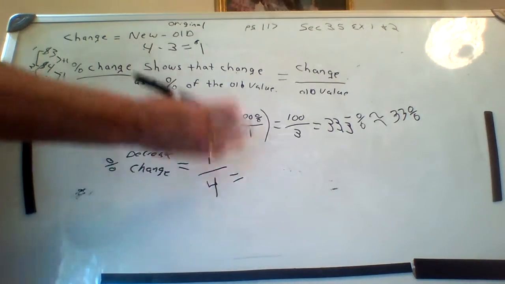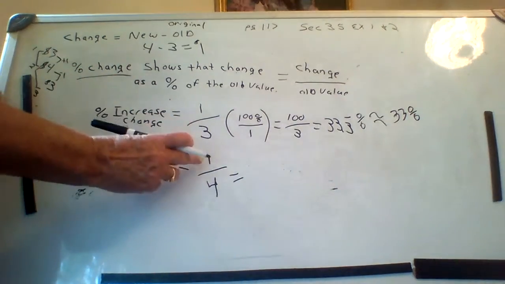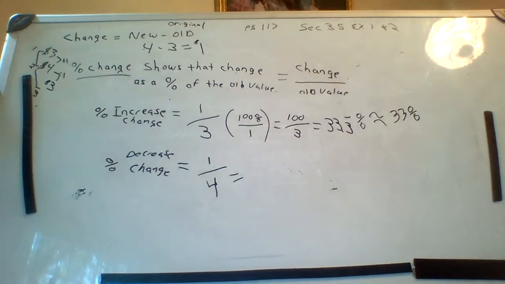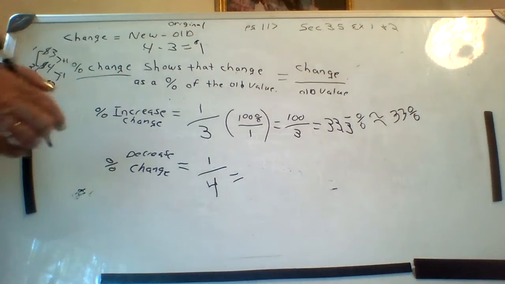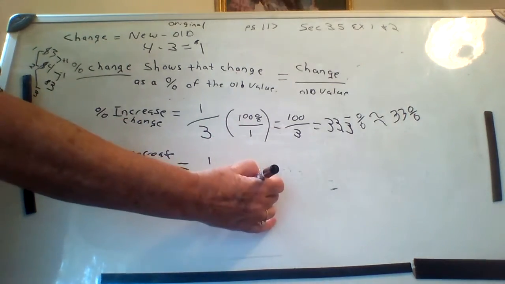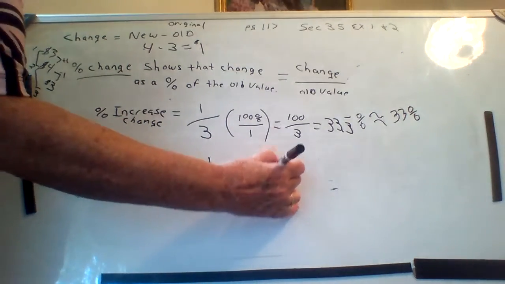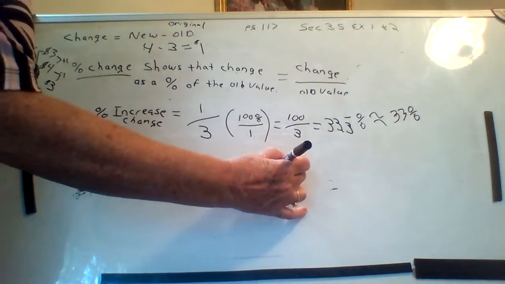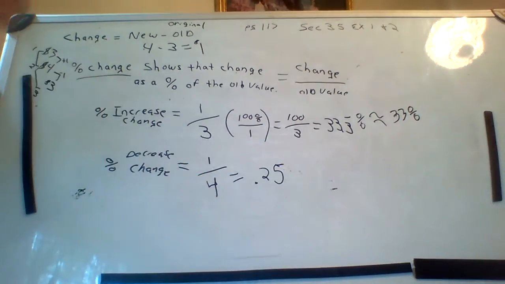Now, I could do it either way. The reason why I chose not to multiply by 100% is because I've memorized that 1/4 is 0.25, and I would encourage you to memorize what 1/2 is and 1/4 and those kinds of things as far as decimals go.